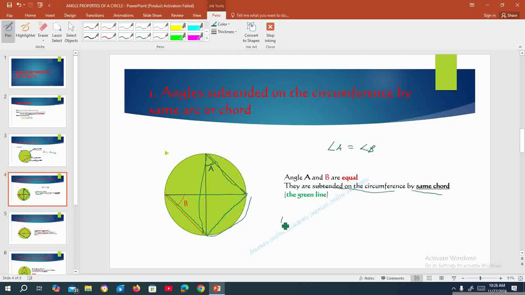A point to note: the angles must be on the same segment. Same segment of the circle.